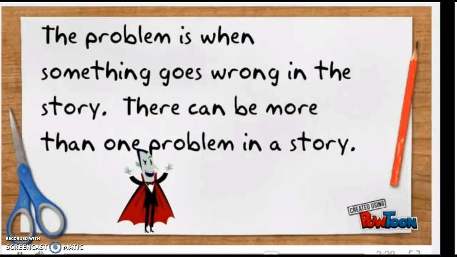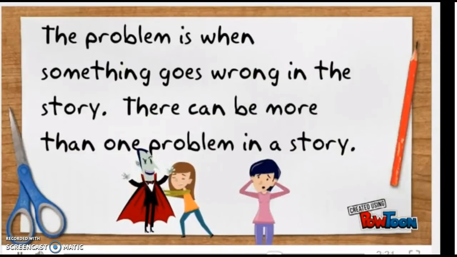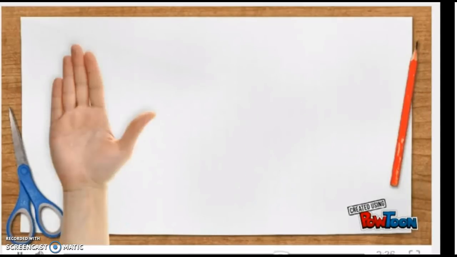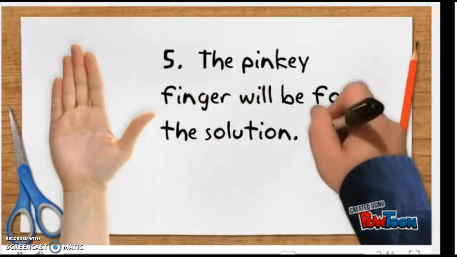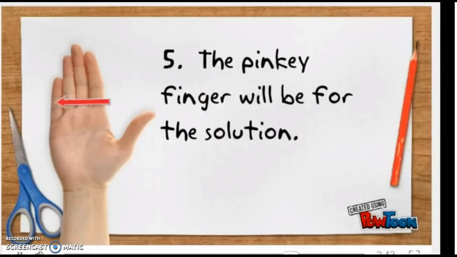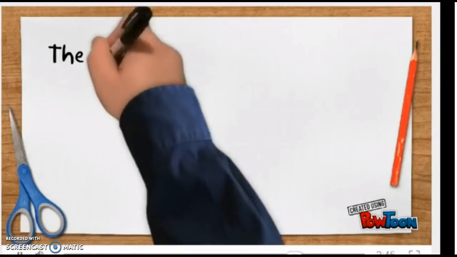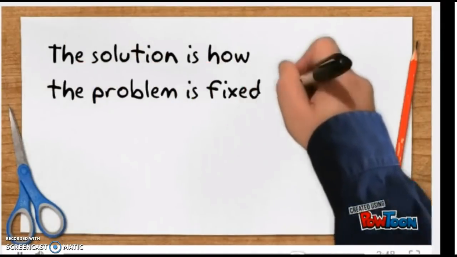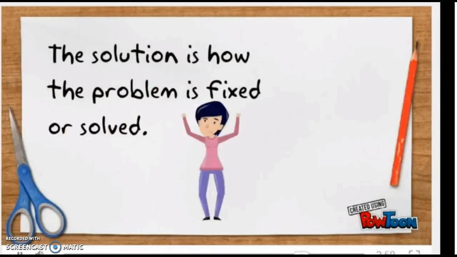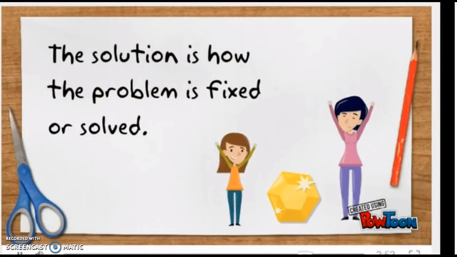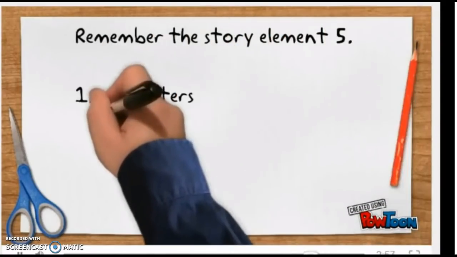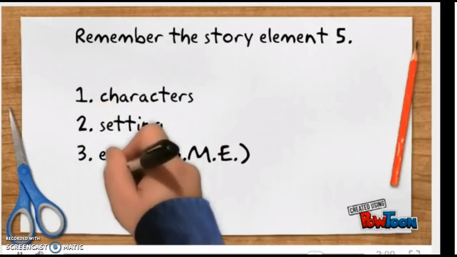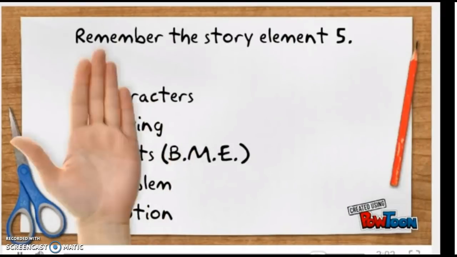It can be a big problem or a small problem. And number 5, the pinky finger will be for the solution. The solution is how the problem is fixed or solved in the story. Remember the story element 5: characters, setting, events, beginning, middle, end, problem, and solution.